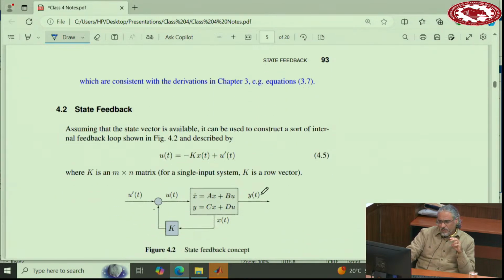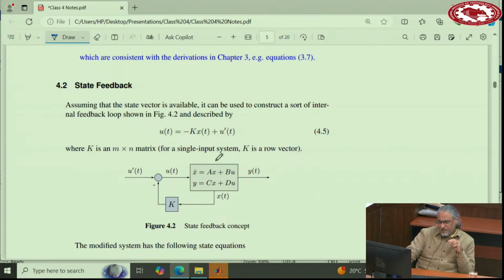Now, if you have a system that you model, a linear time invariant system, as a state space description or state space model, so it has output, it has a state vector. The concept of a state feedback says if the state of this system contains all the information about this system, why shouldn't I feed back that state vector rather than the output feedback?